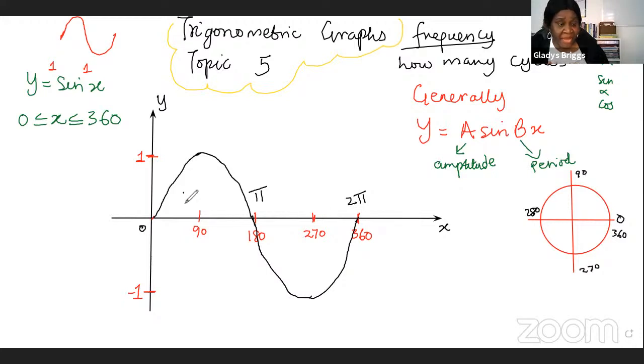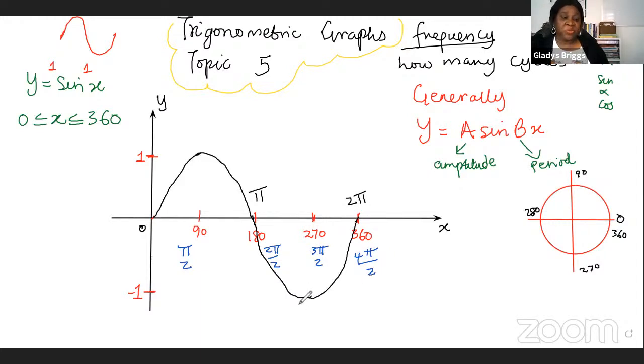You can also write 1 pi over 2, 2 pi over 2, 3 pi over 2, and 4 pi over 2.